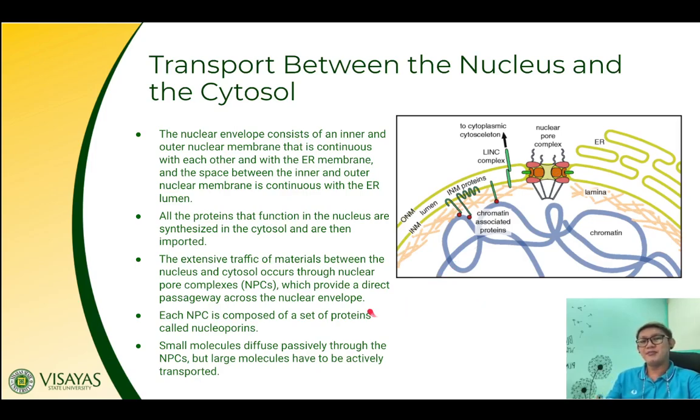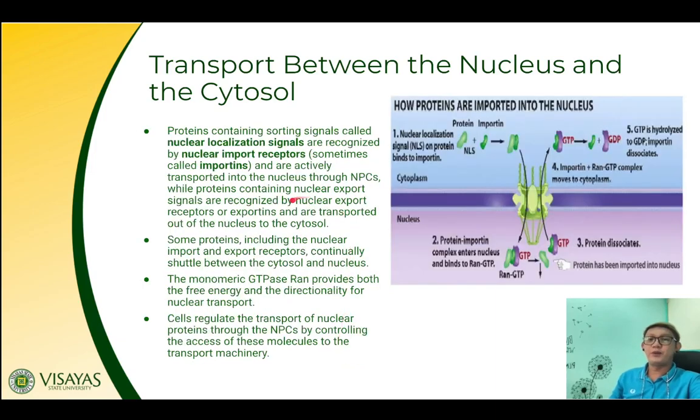Now, each of these NPCs, or nuclear pore complexes, is composed of a set of proteins called the nucleoporins. Small molecules diffuse passively through the NPCs, but large molecules have to be actively transported. Proteins containing sorting signals called nuclear localization signals are recognized by the nuclear import receptors.